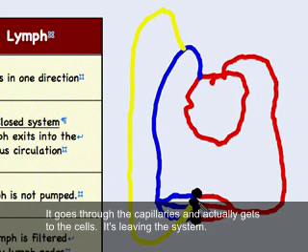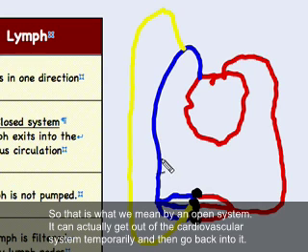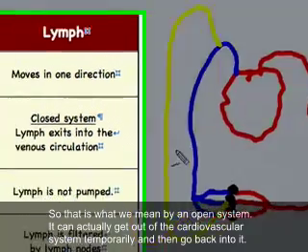It goes through the capillaries and actually gets to the cells, and so it's leaving the system. Then it re-enters the system at the veins. So that's what we mean by an open system. It can actually get out of the cardiovascular system temporarily and then go back into it.